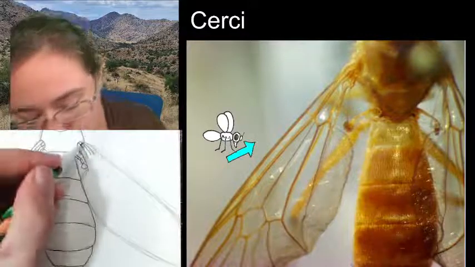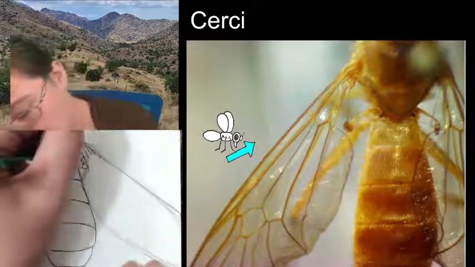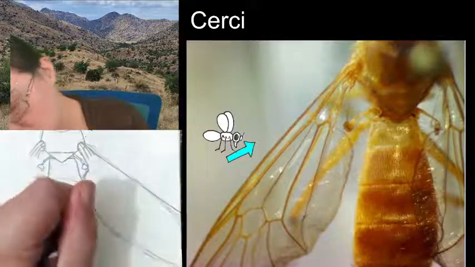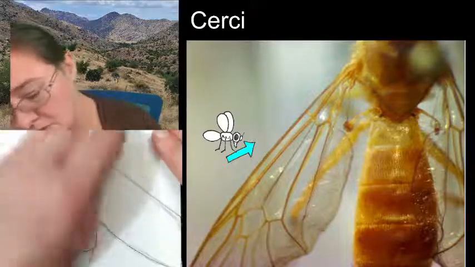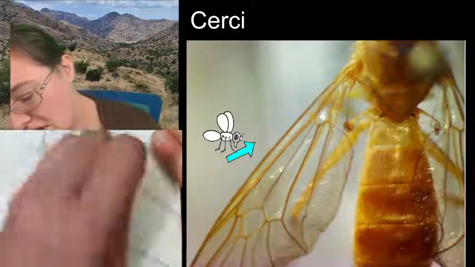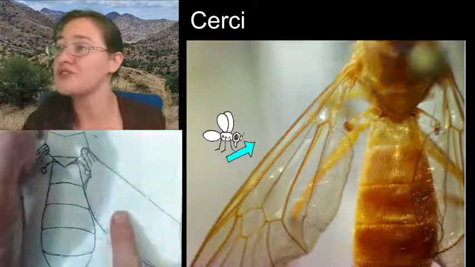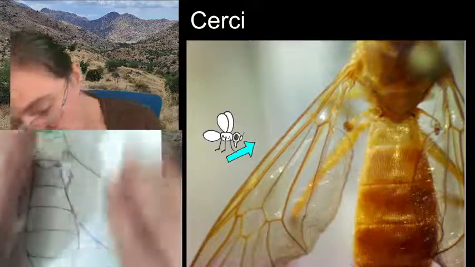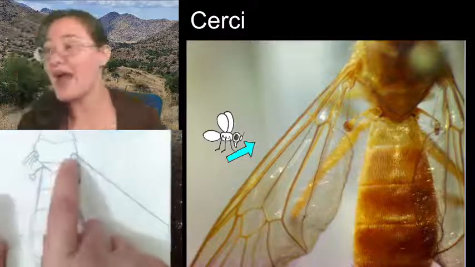All right, from the inside, I'm going to darken these. Kind of finalize the outside of the wing so that we have somewhere to work with. The front of this wing is the costal vein, and that starts right here.